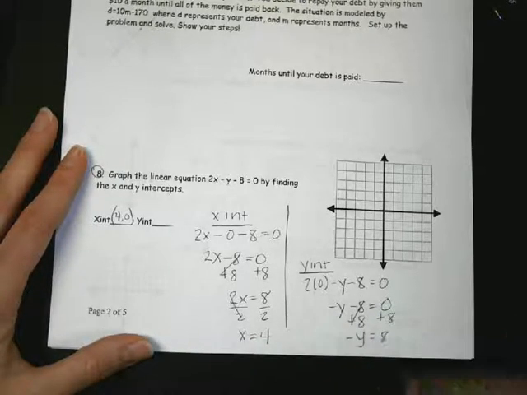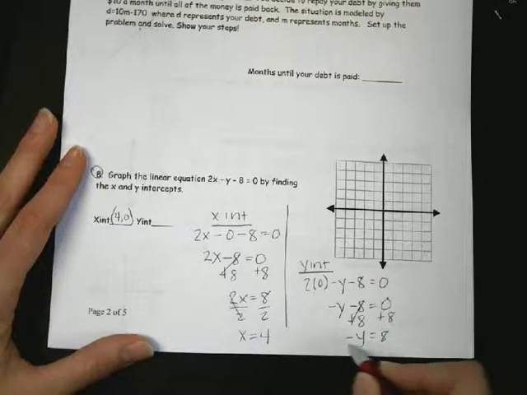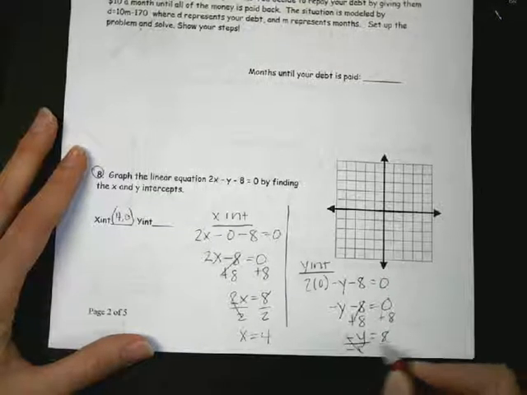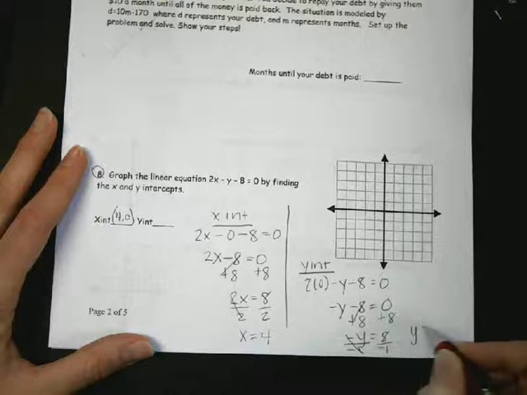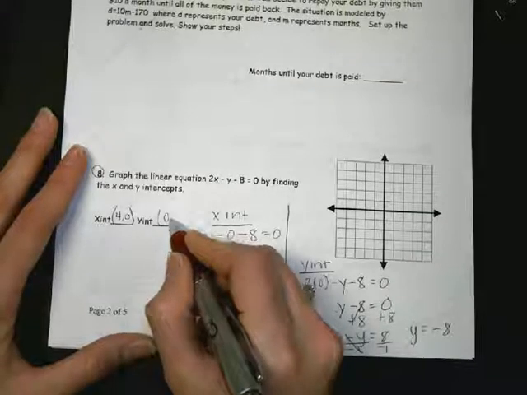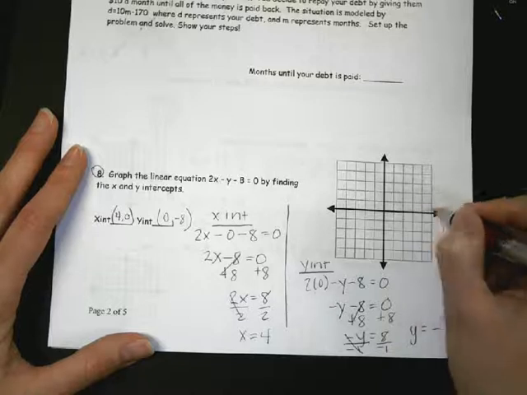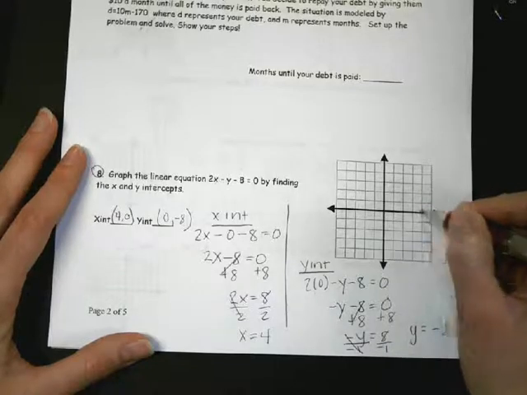Not quite done though, because you got that negative right next to the y, so you want to divide by -1 on both sides. You get y equals -8. You want to write that as a coordinate point, 0, -8. And then you want to graph 4, 0, and 0, -8.